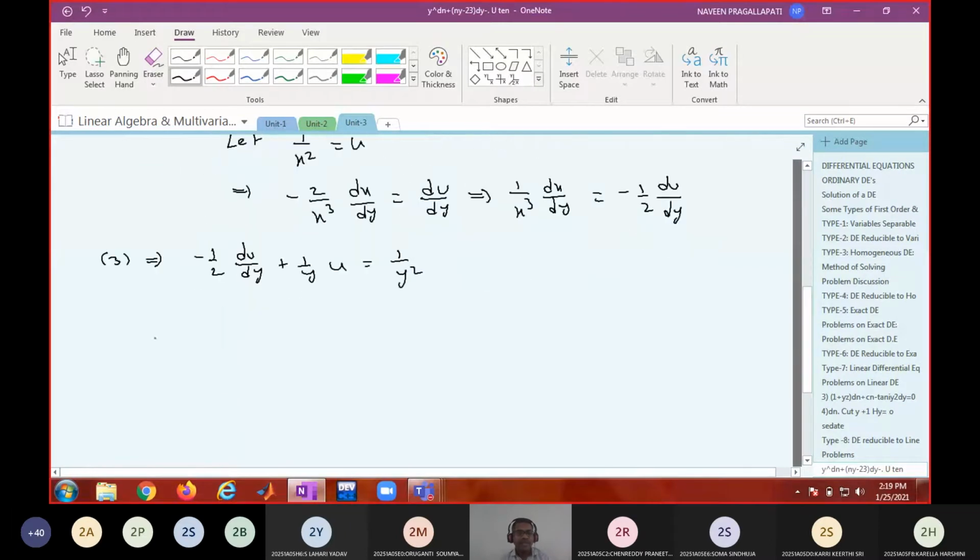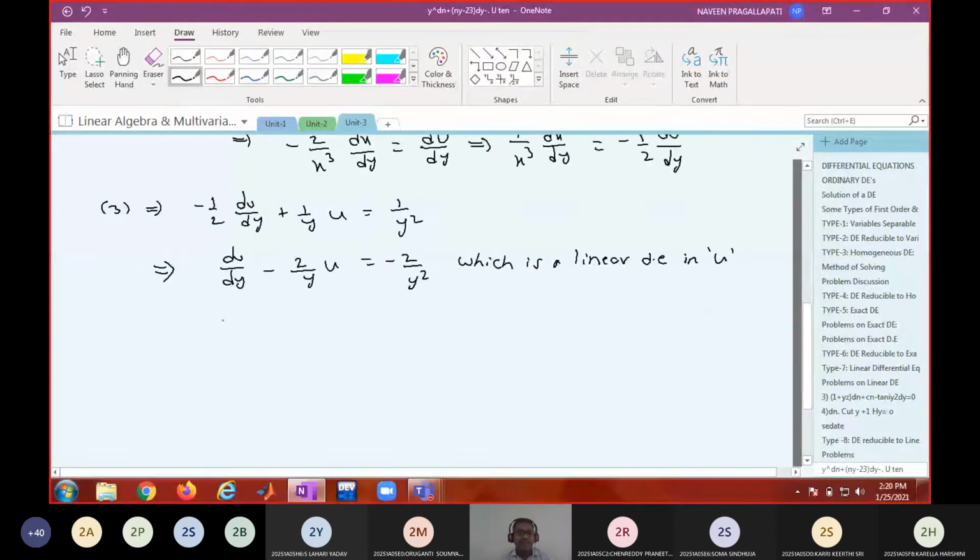Okay, so this is a linear DE but not in standard form. To bring it to standard form, multiply both sides with minus 2. Then what do you get? du by dy minus 2 by y into u equal to minus 2 by y square. So which is a linear DE in u.